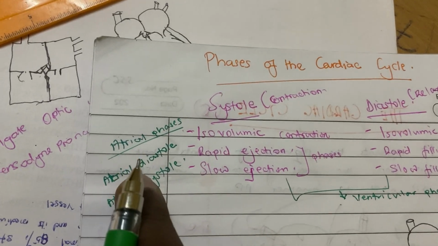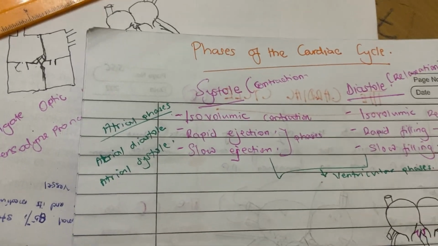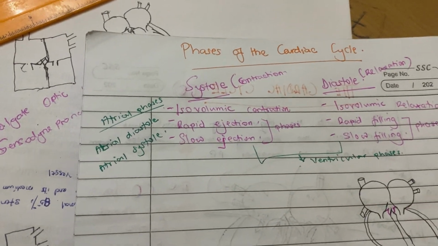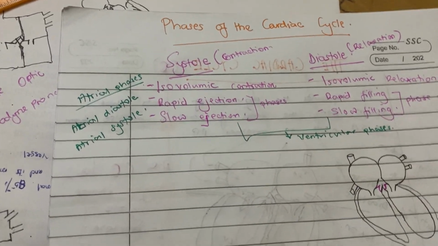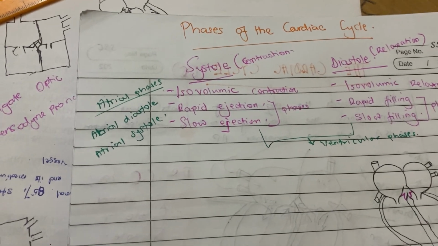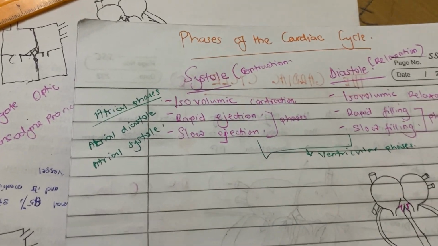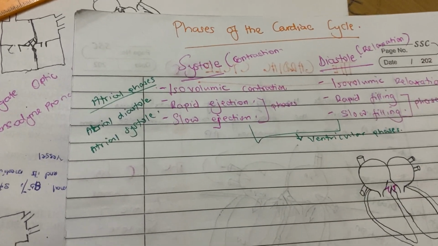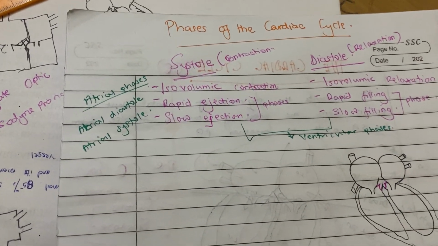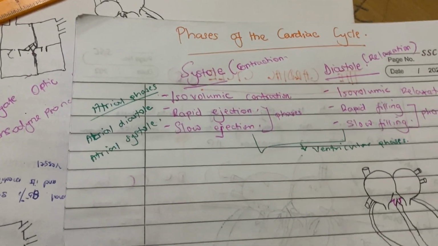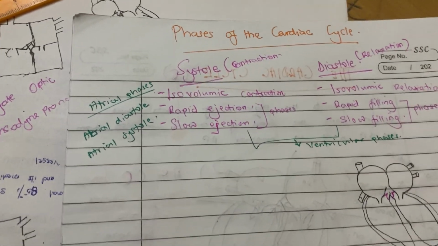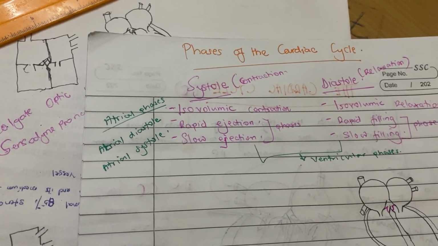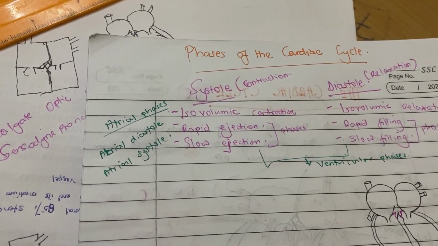Now we are not going to be saying anything about atrial relaxation because it happens during the cycle of the main pump, and we are more focused on the main pump. So atrial relaxation, we are not going to talk about it, but it is there happening. Whenever you're talking about the ventricular cycle, the atrial cycle is running.